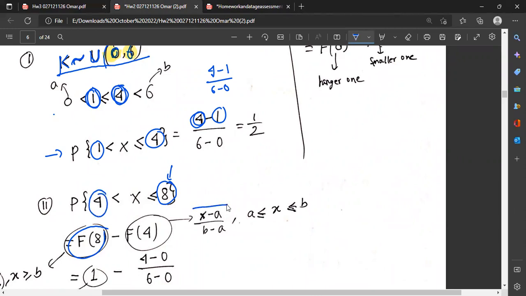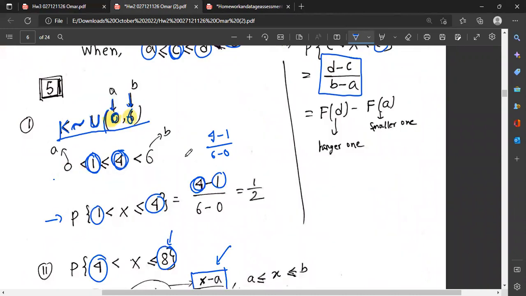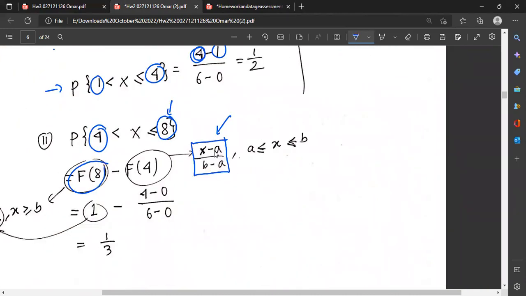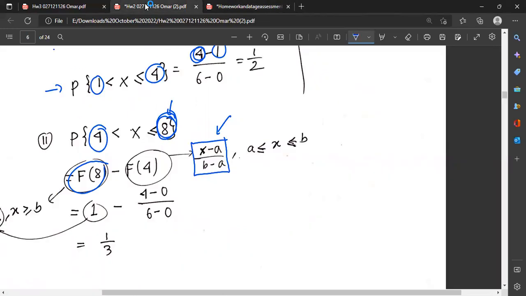The procedure for finding f of 4 and f of 8 uses the same formula we learned at the very first, x minus a by b minus a. That's why we are using this formula here, because 8 is out of our given interval, right? Our given interval is 0, 6, so a is 0 and b is 6. But as we got 8 here, we have to separate them.